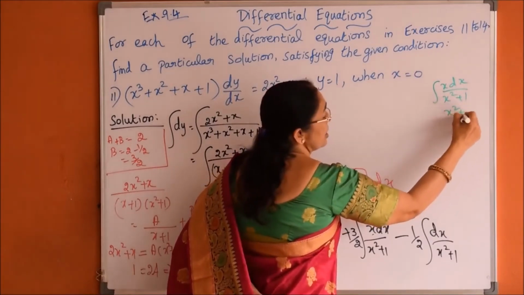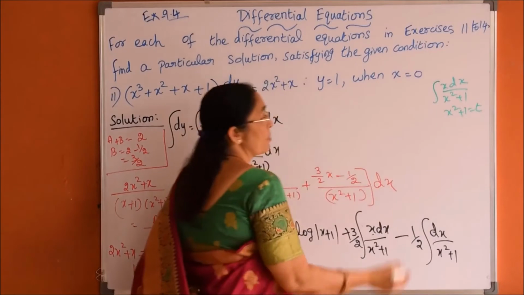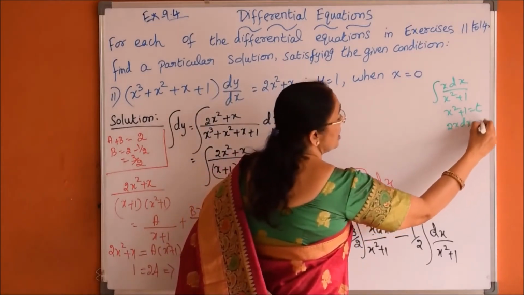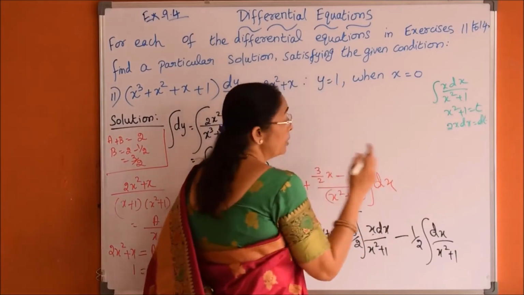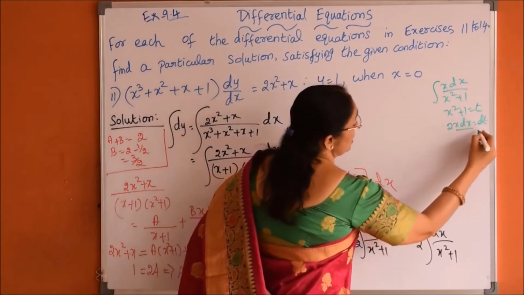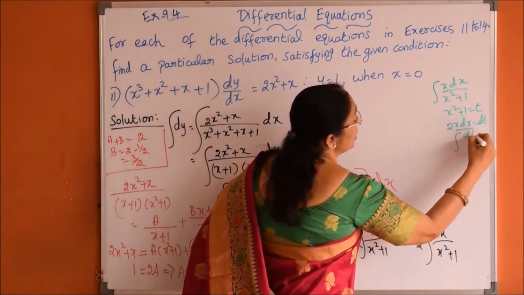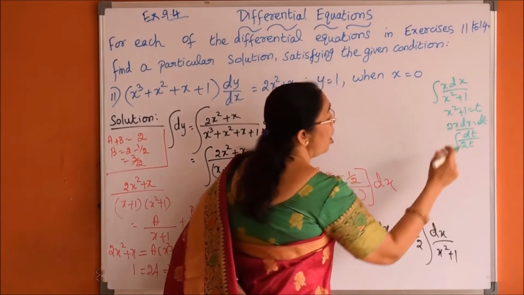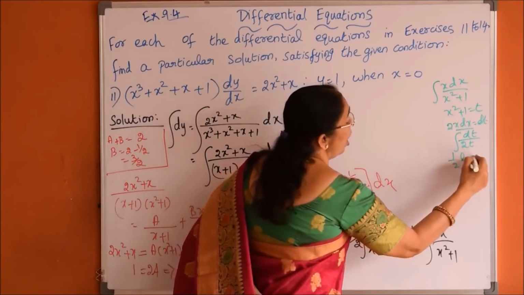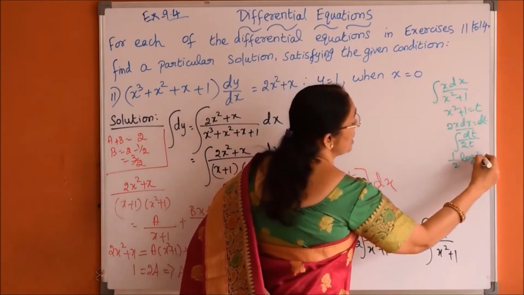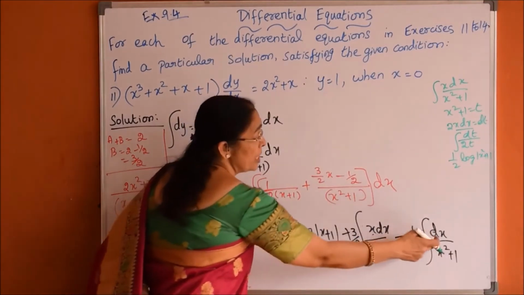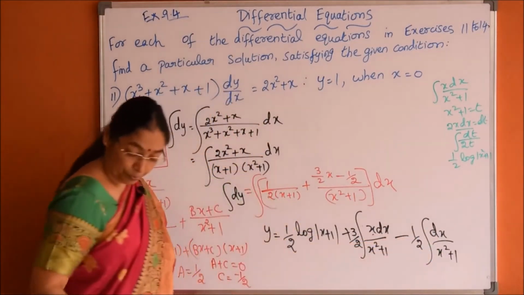So we consider x² + 1 as t, so we will get 2x dx as dt. So x dx value is dt by 2. So the integration of dt by 2t gives half log|t|, and the t value is x² + 1. So this integration we got. The other one is directly tan inverse of x.